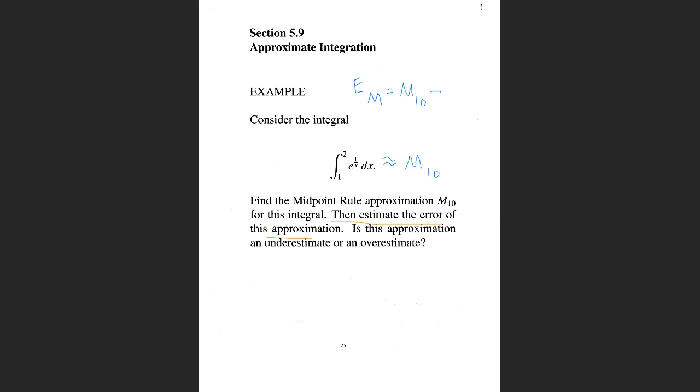Our approximation has an error. It's the difference between the approximation M10 and the true value of the integral. And we would like to get an idea of how big this error is. So we're going to apply the error-bound formula here.